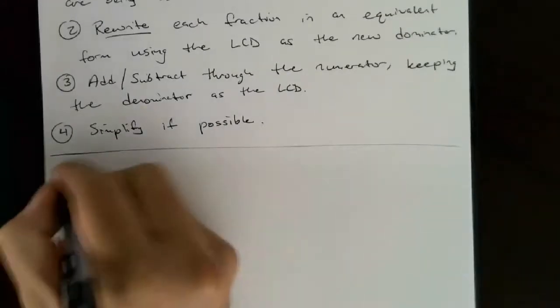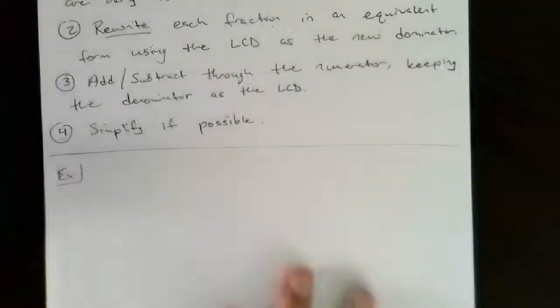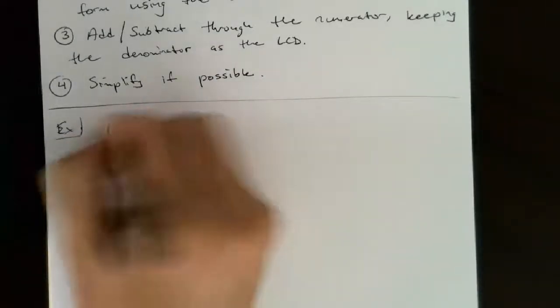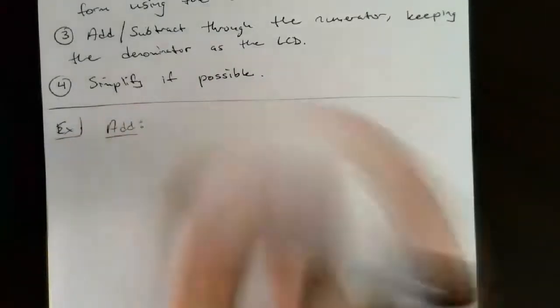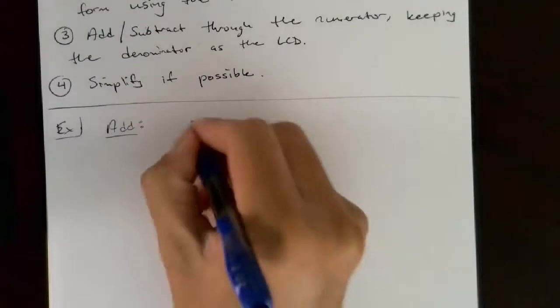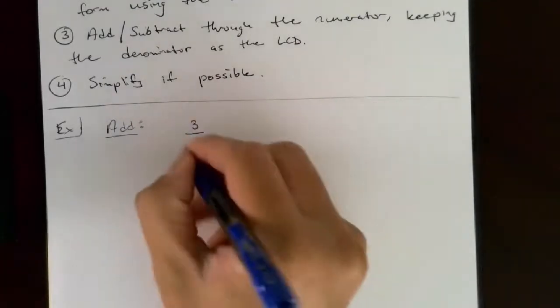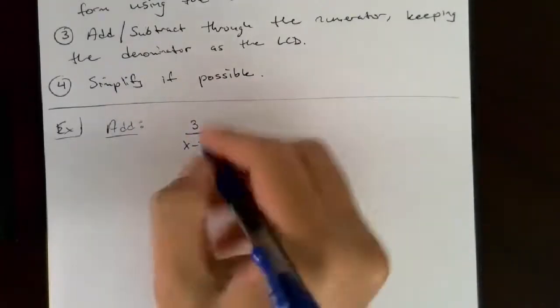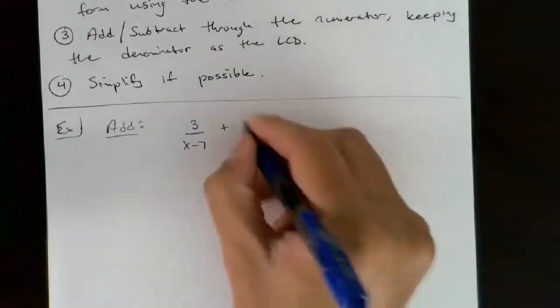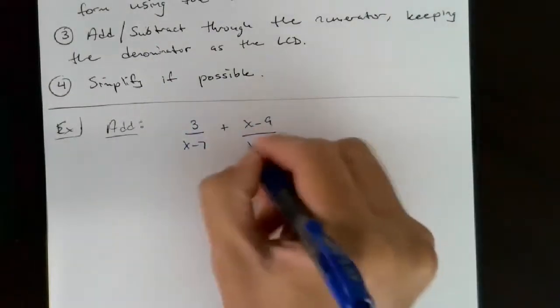So for the first example here, I'll write add as the directions, but the directions could be perform the indicated operation, and we'll have 3 over x minus 7 plus x minus 9 over x minus 7.